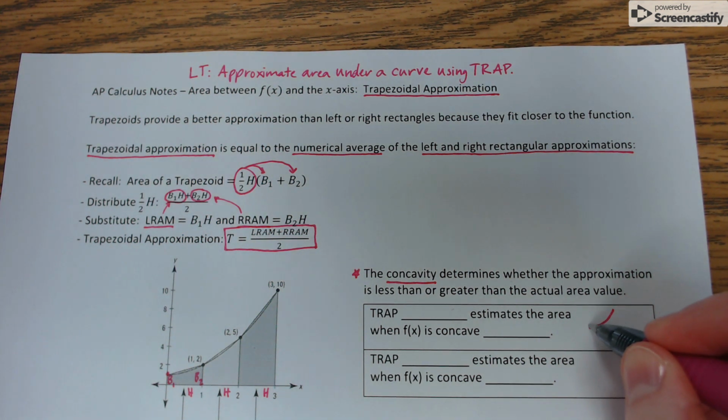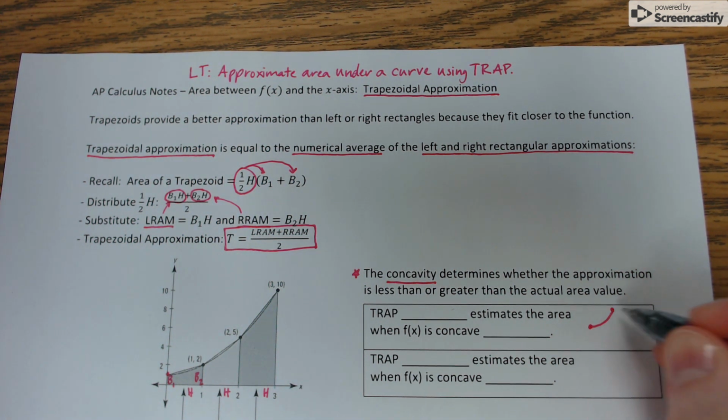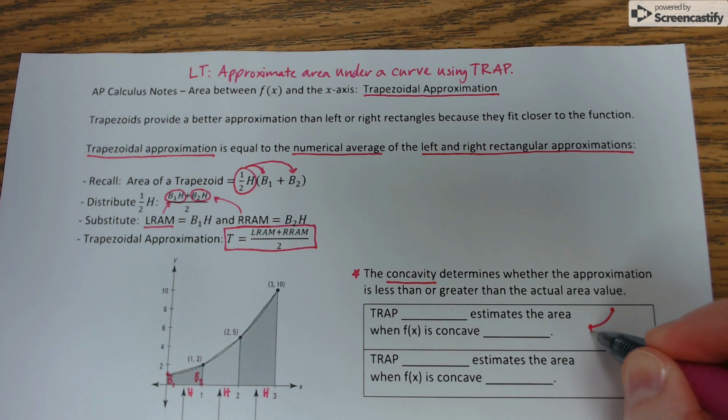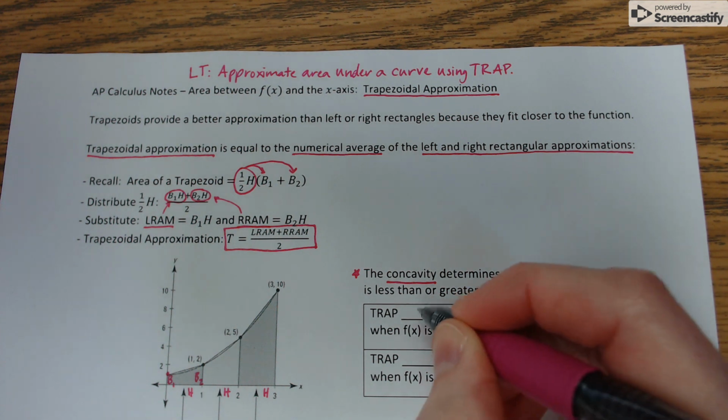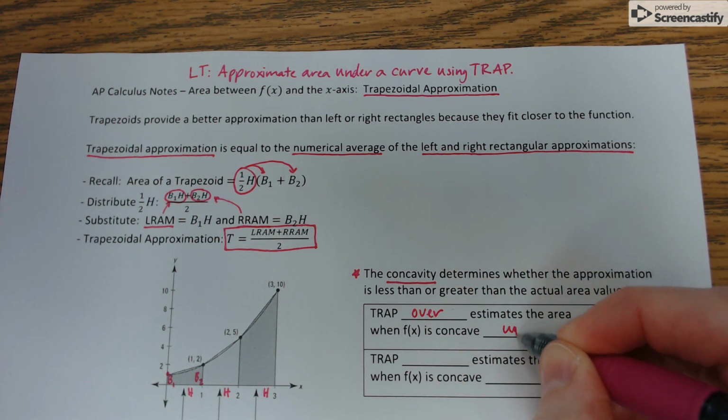When you fit a trapezoid on a concave up graph, you start with the 2 endpoints. You draw the bases down from that, and then when you connect that top piece, you can see your trapezoid goes over the original concave up function. So that's going to be an overestimate when it's concave up.